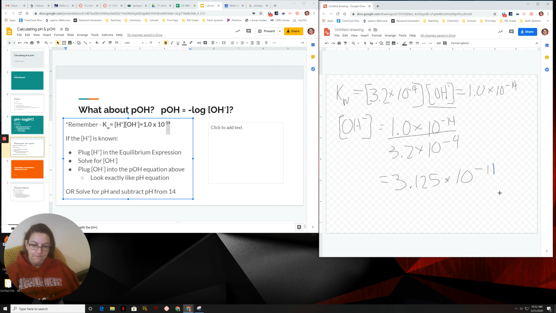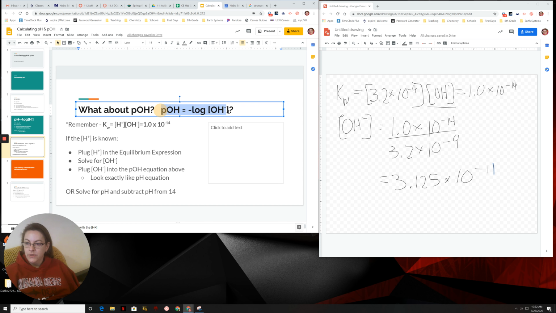Now I can take this value and plug the hydroxide value into the pOH.